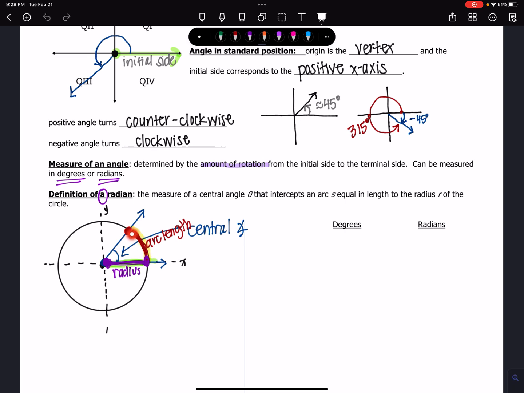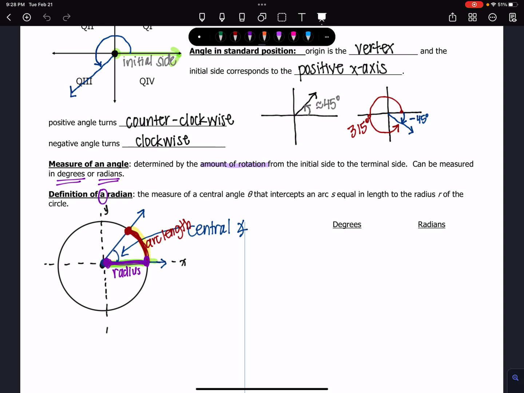So this arc length is the same as this. My question is how many arc lengths, how many radians? This turn brings me right here. If I take that same amount of turn, I'm going to have another red arc that would be equal to this arc, right?